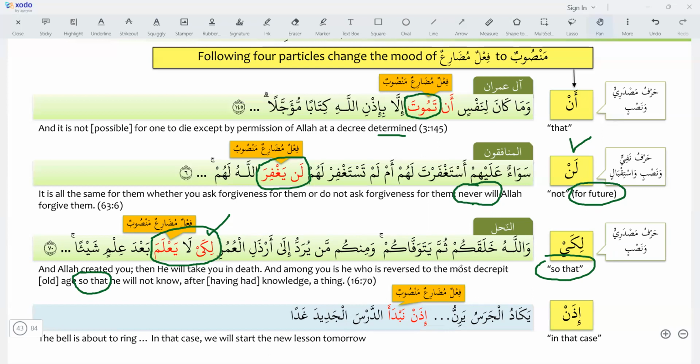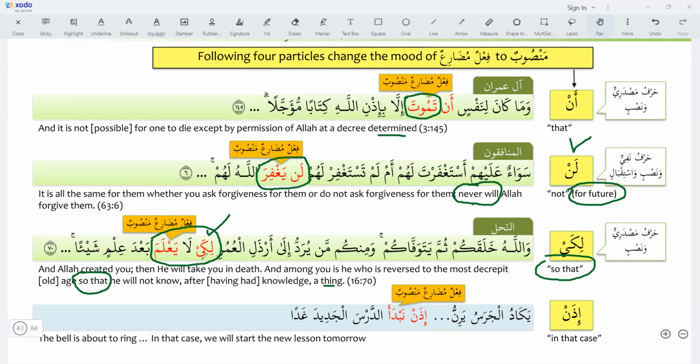And among you is he who is reversed to the most decrepit old age, so that he will not know, after having had knowledge, a thing. So likai, so that la ya'lama, he will not know.